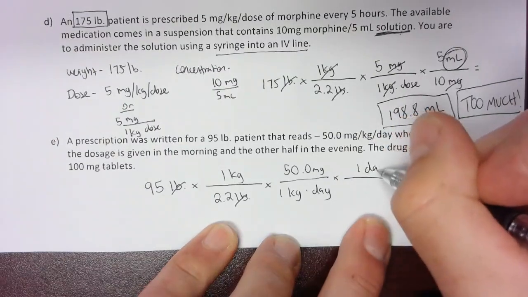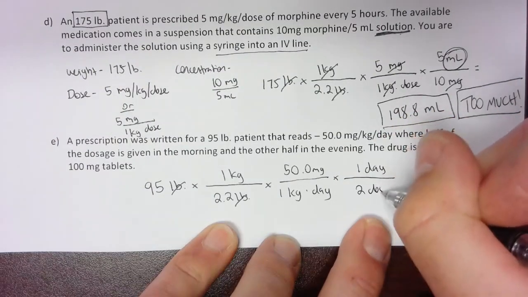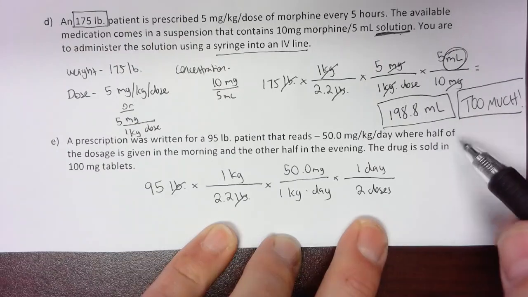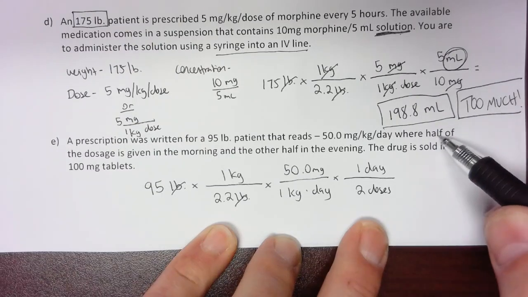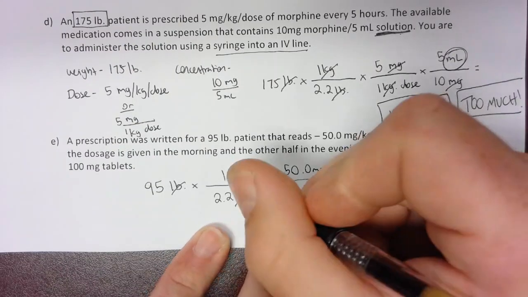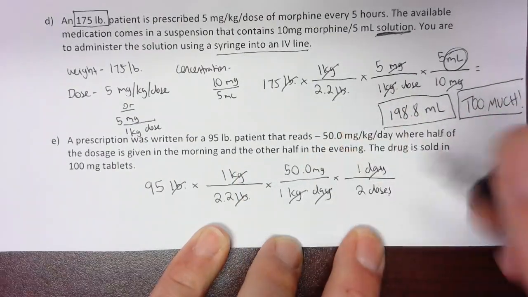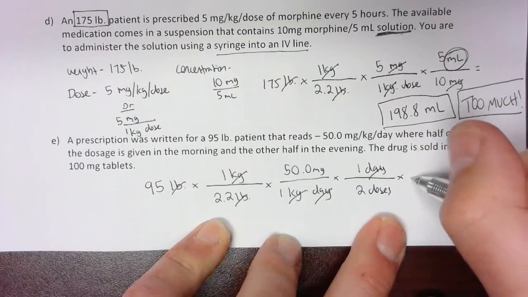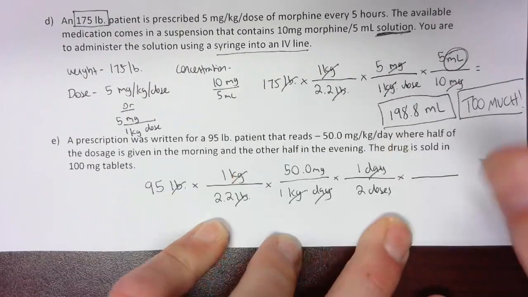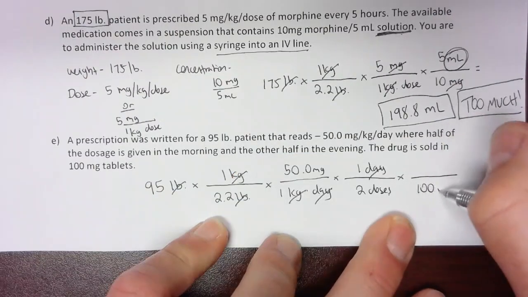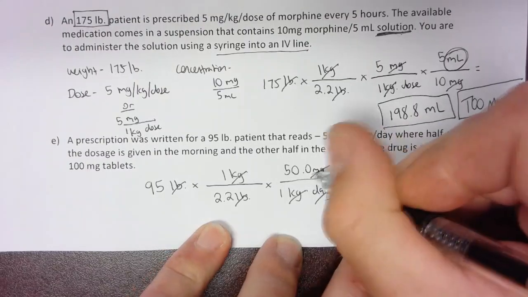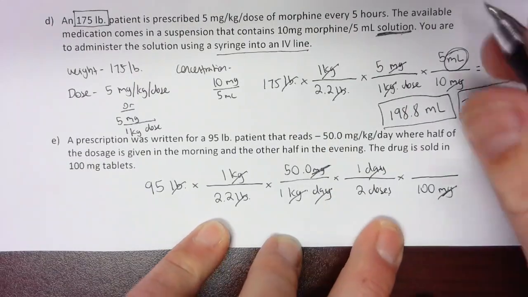Okay? Because 1 dose in the morning, 1 dose in the evening. Cancel out kilograms, cancel out days. Now I'm left with milligrams per dose. And let's go to tablets. So I'm going to put 100 milligrams on the bottom so that I can cancel that out from the numerator. And that's 1 tablet.